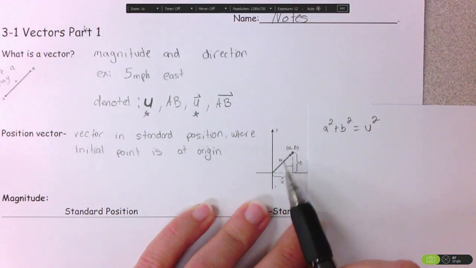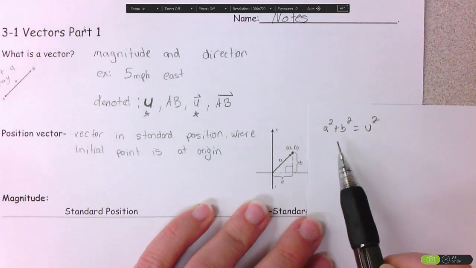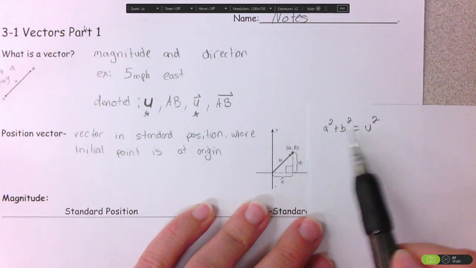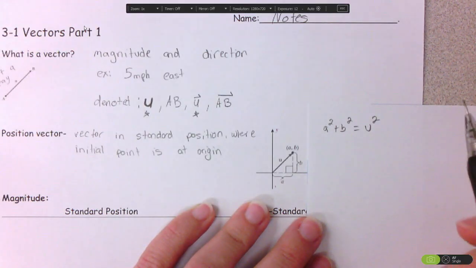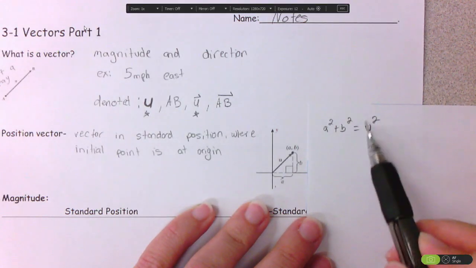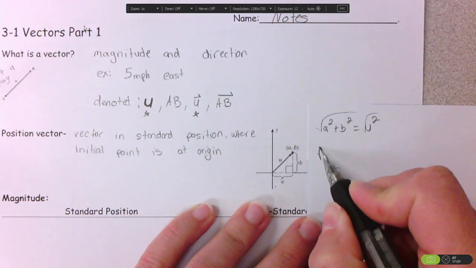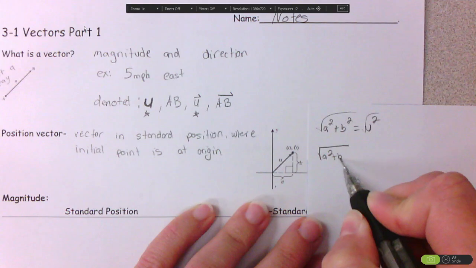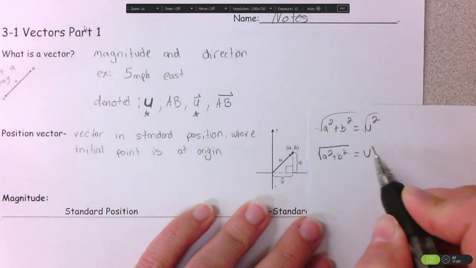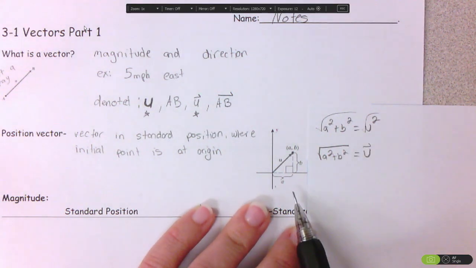We're not using C here because we're in vectors. But I don't have any actual numbers to put in here. So we just need to think, how can I get rid of this squared? Well, I can take the square root. So the square root of A squared plus B squared is going to equal the length of my vector U.